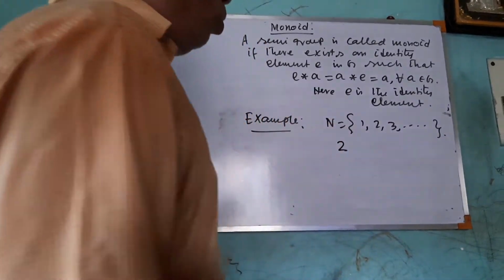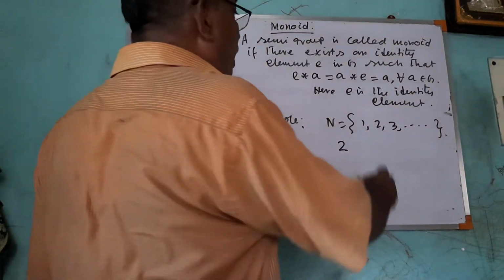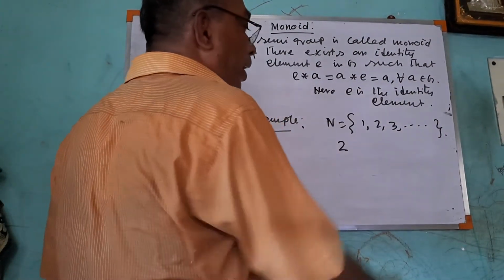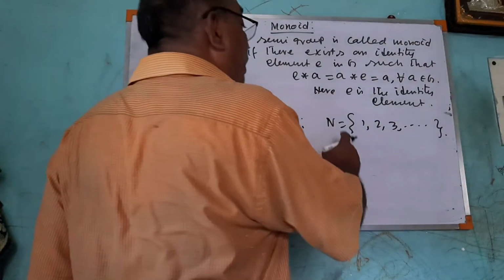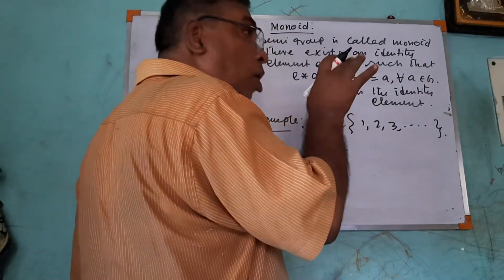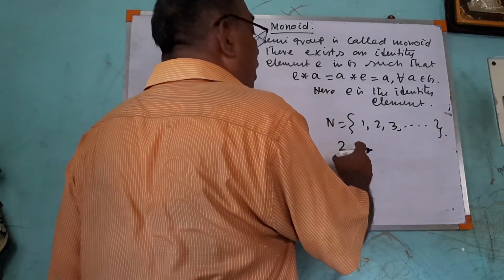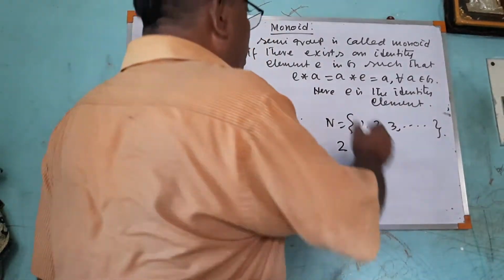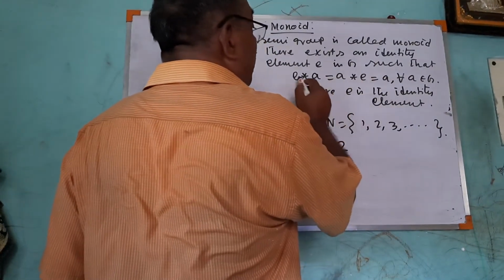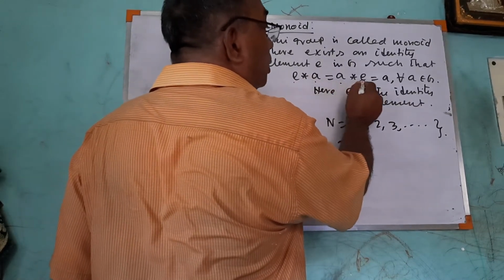Is there any element in set N such that the addition or multiplication or subtraction or division with this gives the same element? That is E, that is A. That means E composition A equals A composition E equals A.